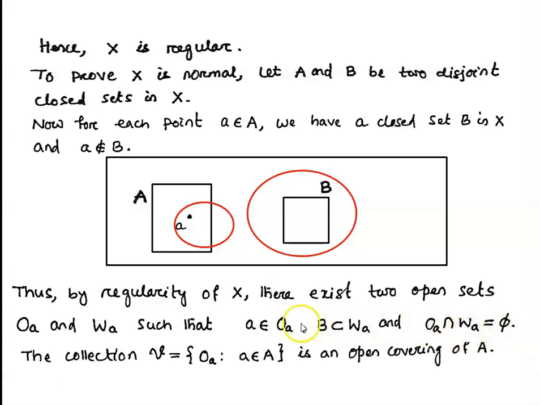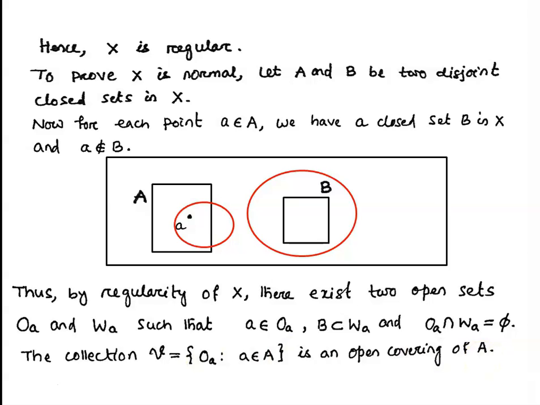Now this collection Oa, for a belonging to A, is an open covering of A.